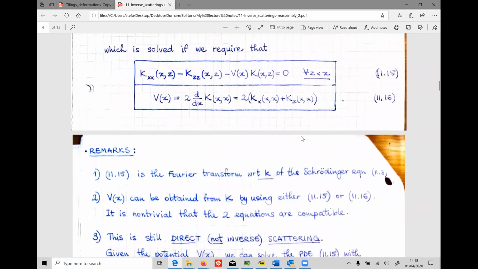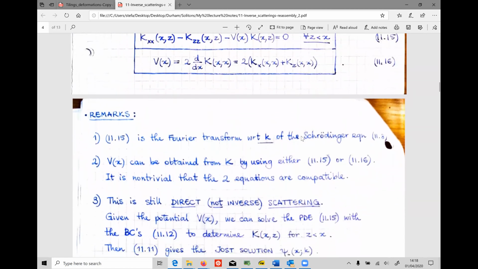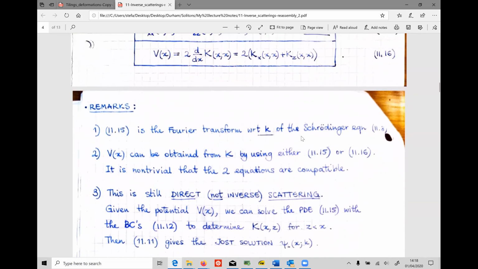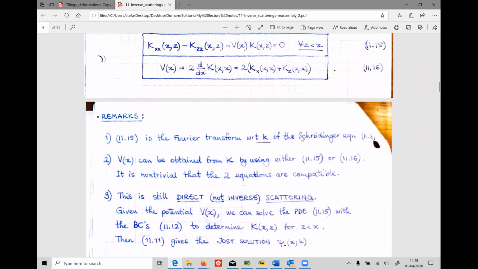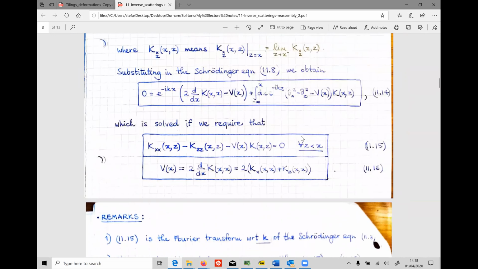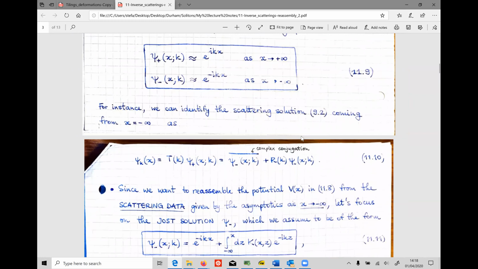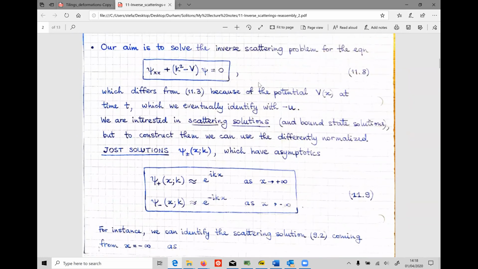And finally, the third comment here is that up to now, we haven't really done inverse scattering yet, so we can still think of this as direct scattering. So really here we started from the Schrödinger equation 11.8.